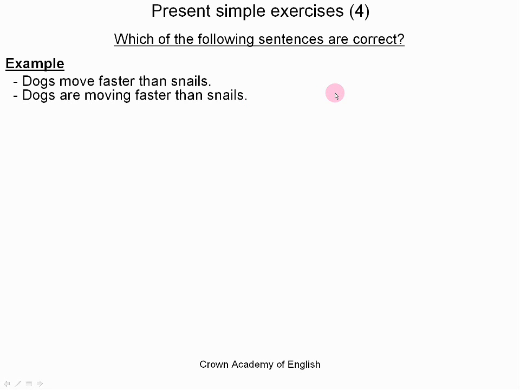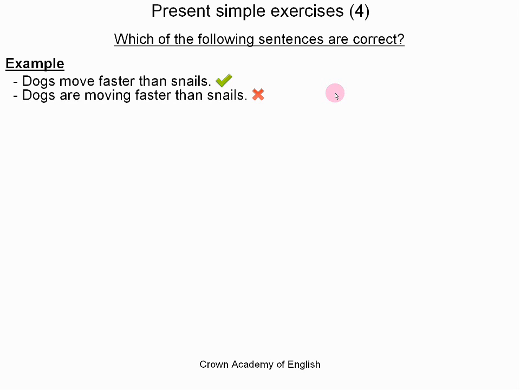Which of those two sentences is correct from a grammatical point of view, and which one is wrong? Well, the first one is right, and the second one is wrong.